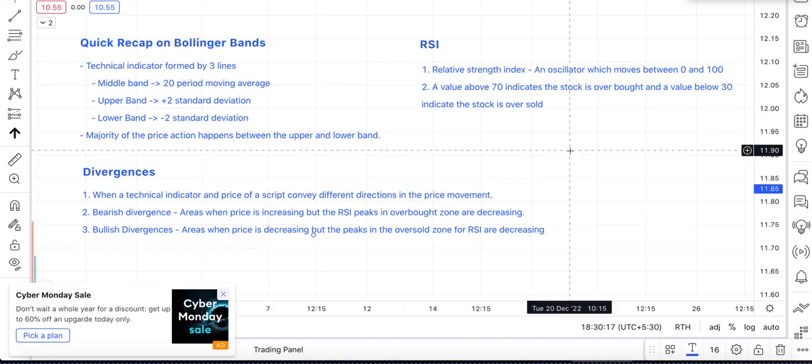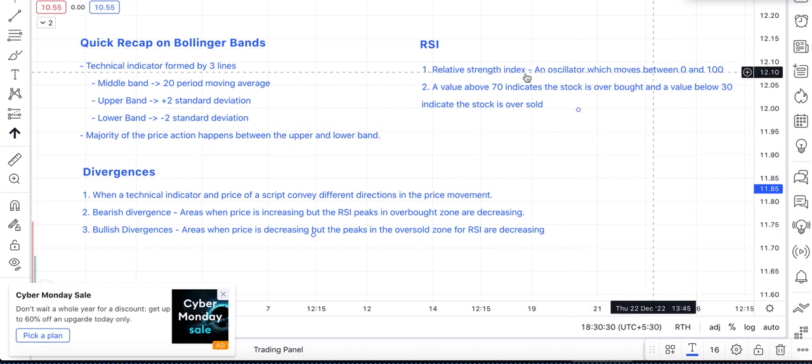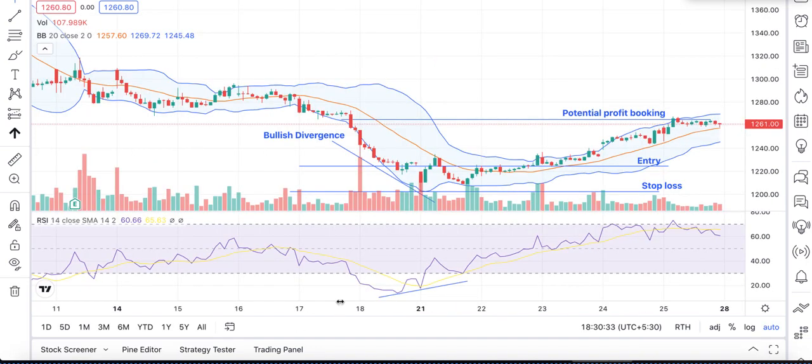RSI, very briefly, relative strength index, is yet another technical indicator which we use very often to help identify trades. This particular indicator is an oscillator which moves between values from 0 to 100. So if you watch over here, RSI can go down to 0, can move up to 100, and it oscillates between these two frames.